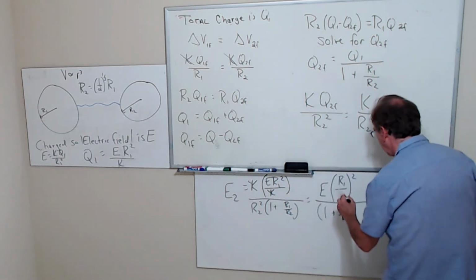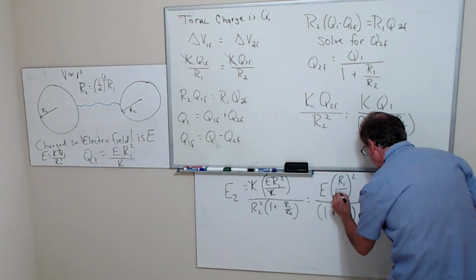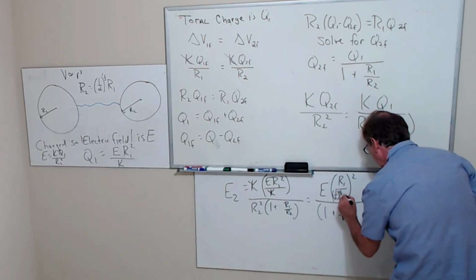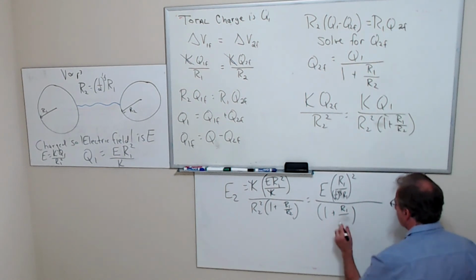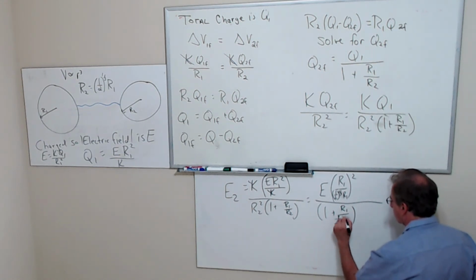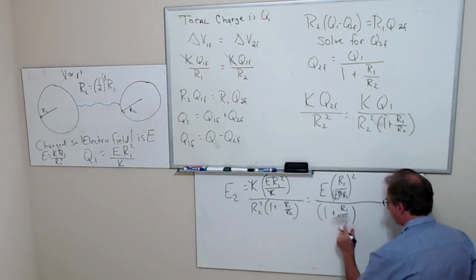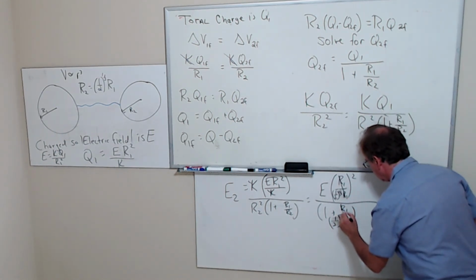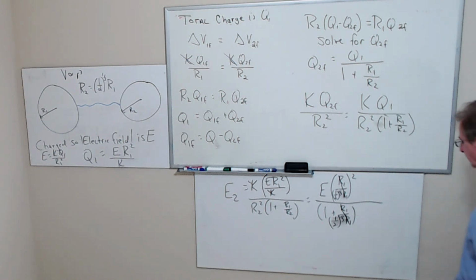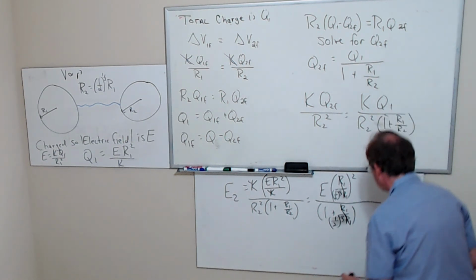R2 is 1/2 to the 1/3 R1. So the R1s cancel, and then you get the following.